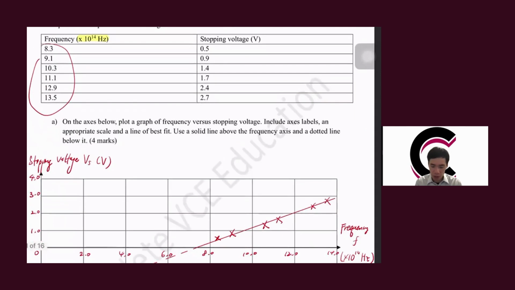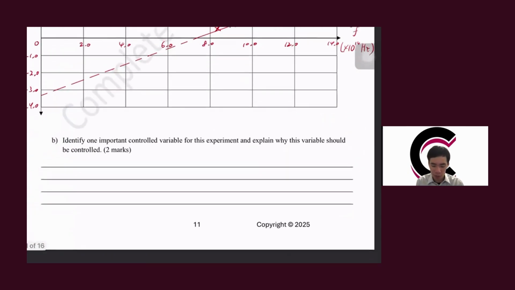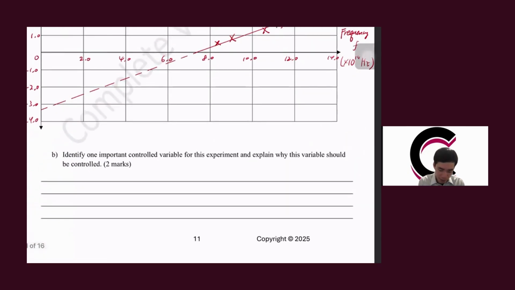So one thing that should not be changing is the calcium metal plate. You know, the plate itself, the thickness, the material shouldn't be altered at all. So we could say the type of metal plate, calcium, should be controlled.